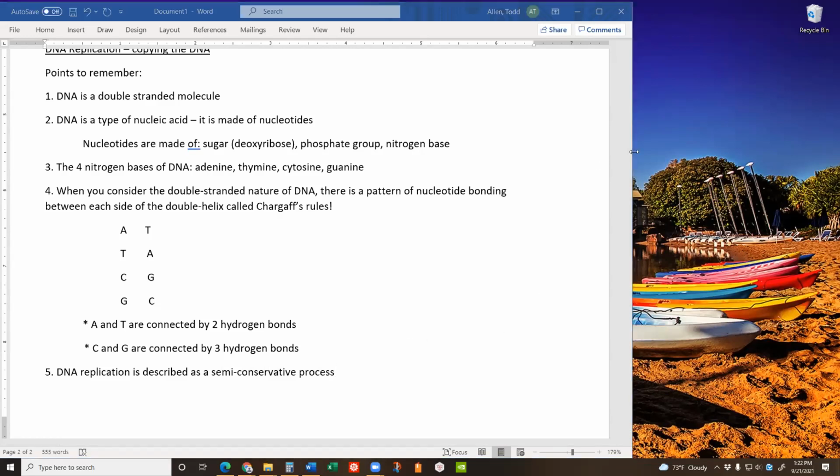So let me ask you a question in the chat window here. If you invest your money semi-conservatively, will you put all the money that you have into the stock market?